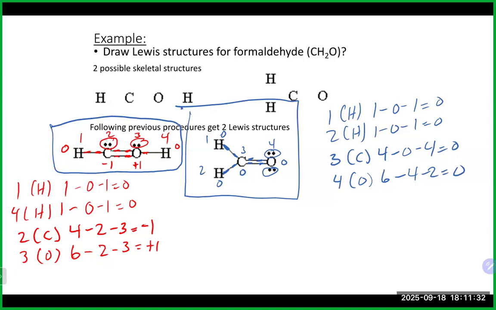Between the carbon and oxygen, our carbon has the more negative formal charge, where our more electronegative atom, oxygen, actually has the more positive one. That's not the greatest situation. So like I said before, you can definitely use formal charge if you're not sure which structure is better. Any questions on that?